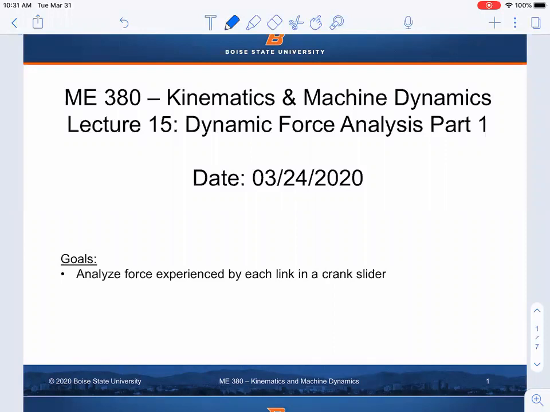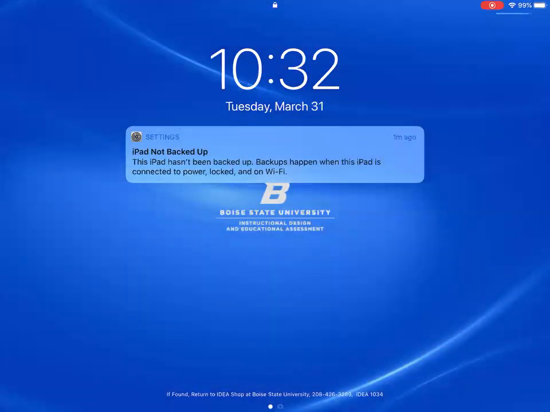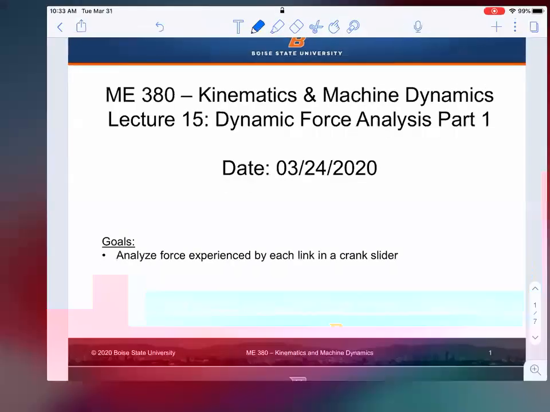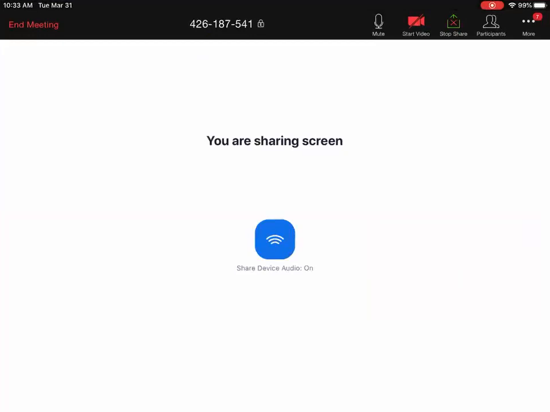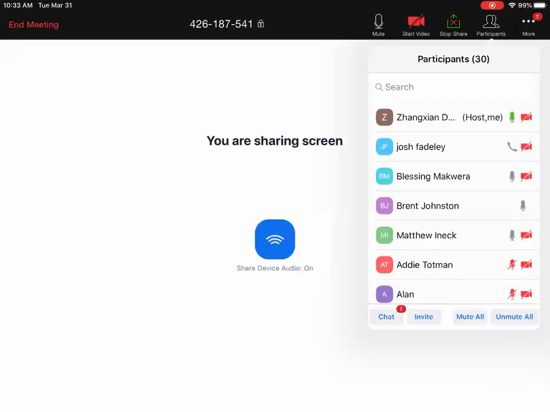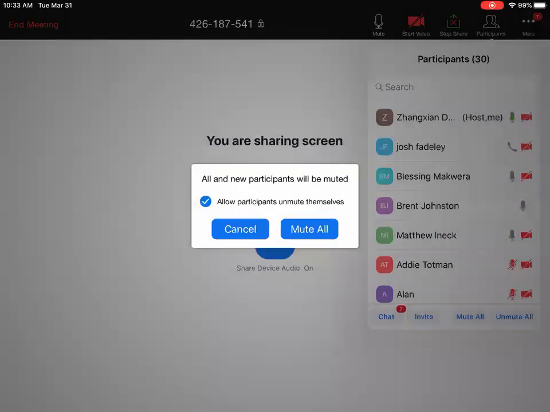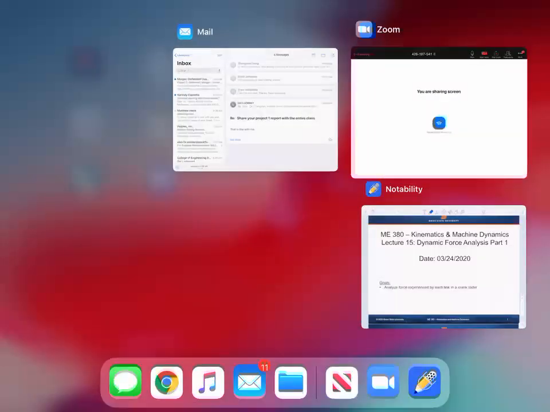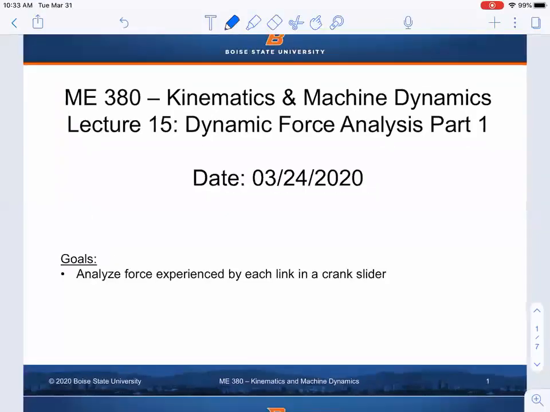This is going to be extremely helpful for your project number 2, because when you do velocity and acceleration analysis, if you consider all these equations as a whole, then you can directly calculate one single Jacobian, and then you can calculate all the velocities in one shot.